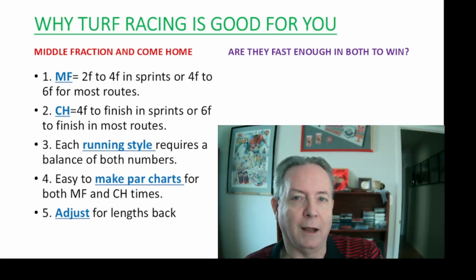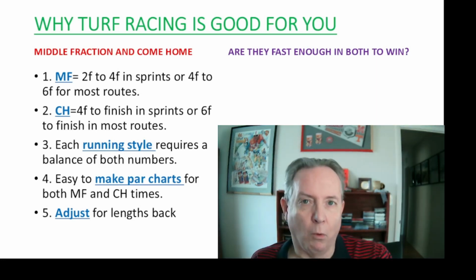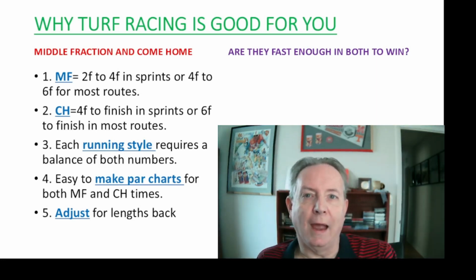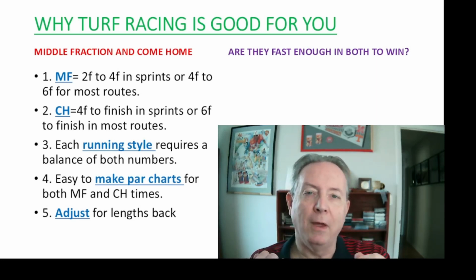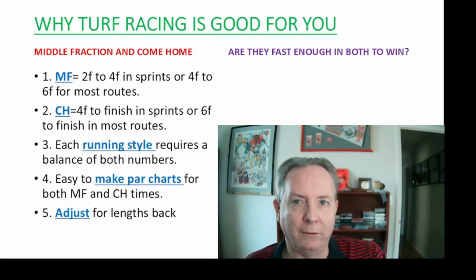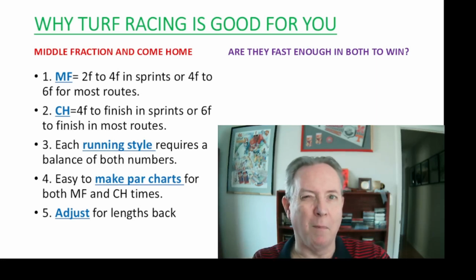And so a lot of times, once you've gone through the distance, class and pace considerations, and you're down to whoever you think has a shot, you've got to make sure that the par numbers represent what that horse's style is. If it's a front runner, it can be flat to slightly negative, but not much.